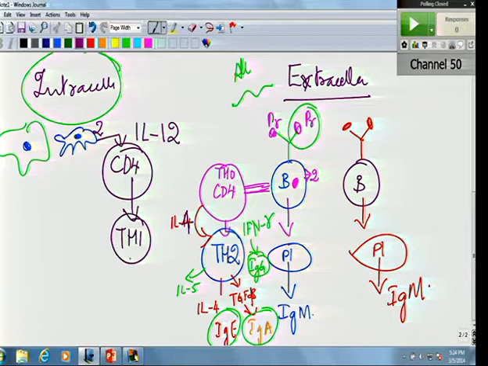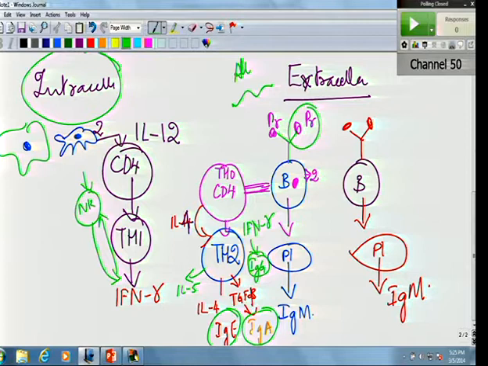Th1. Th1 will secrete interferon gamma. Now there are some natural killer cells also. They also will respond to interleukin 12. Okay, natural killer cells also respond to interleukin 12 and secrete interferon gamma. And the interferon gamma acts on the natural killer cell and stimulates it.